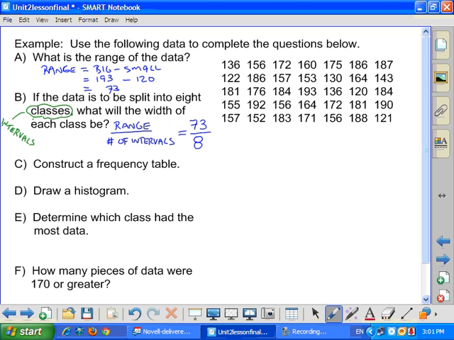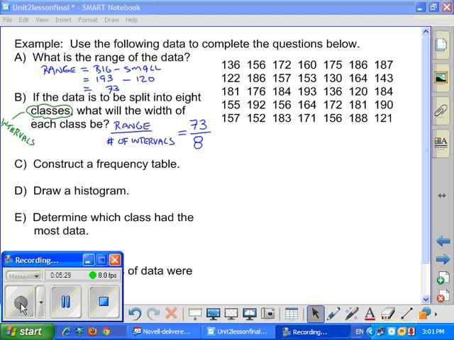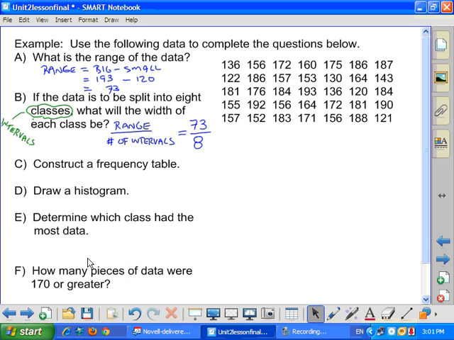When I perform that operation, I get an answer of 9.1. Now, do I want to use 9.1? I definitely don't want to use decimals. Absolute suicide if you're going to use decimals, people. So please don't use decimals when you do your range or your intervals.